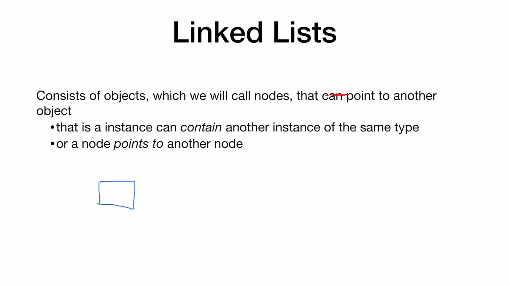So this is an instance of our object that has a little pointer to another instance, and so on. So this is an instance of some node class.